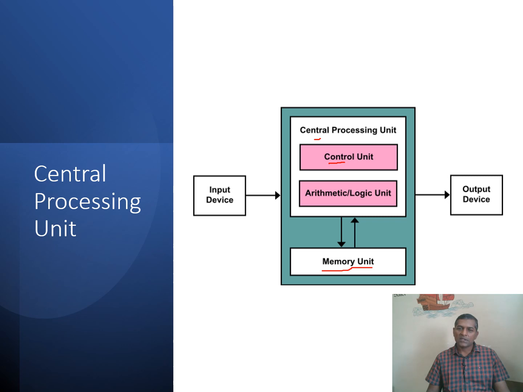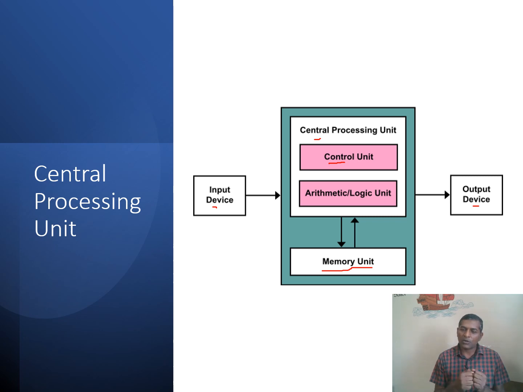So this CPU, central processing unit, always has some input devices and output devices connected. Input devices are like a keyboard, mouse. We attach these to the microprocessor and write a program. Whatever information we provide to the microprocessor is in the form of programs.